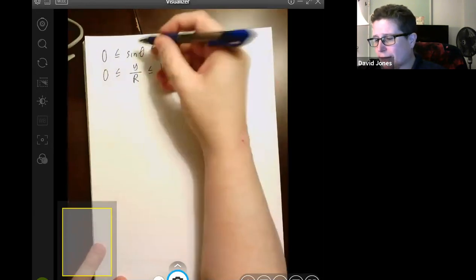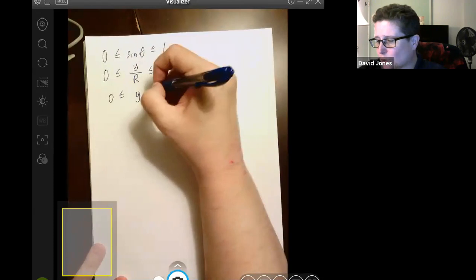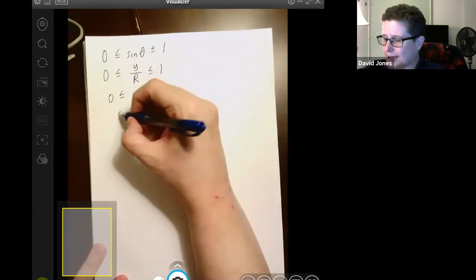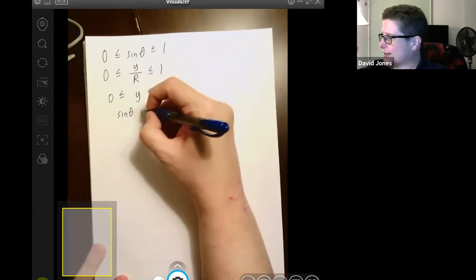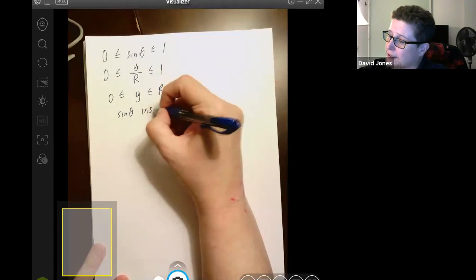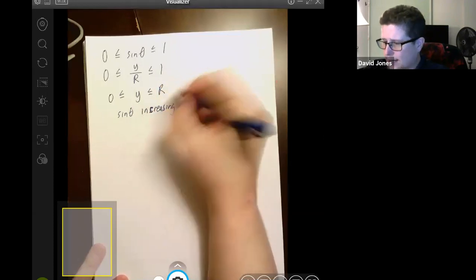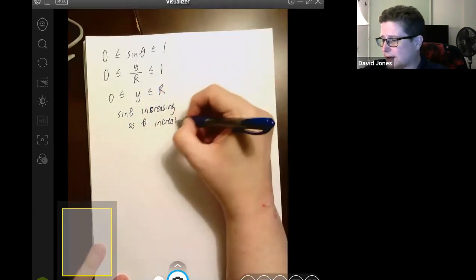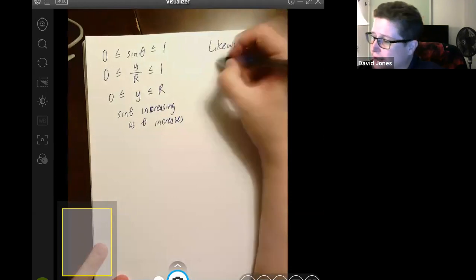And we multiply by r on all sides. We have 0 is less than or equal to y, less than or equal to r. In that range, for y between 0 and r, sine theta is increasing as theta increases. And likewise, you can write out cosine the same way.